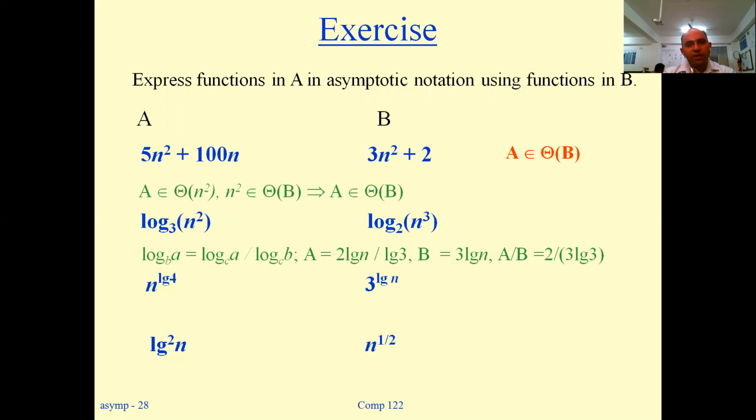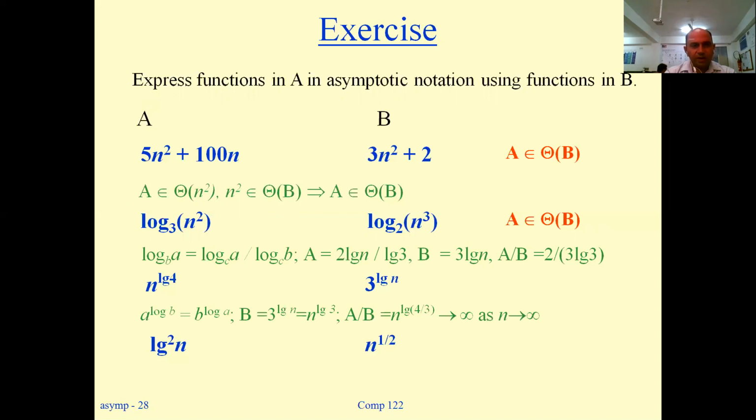By applying the log formula, log a base b is equal to log a base c divided by log b base c, we can calculate a and b. Then a upon b is 2 upon log 3, which is a finite limit. So we can say a is theta of b.